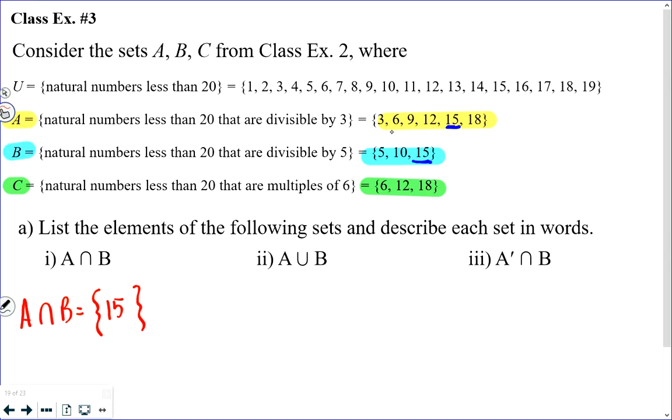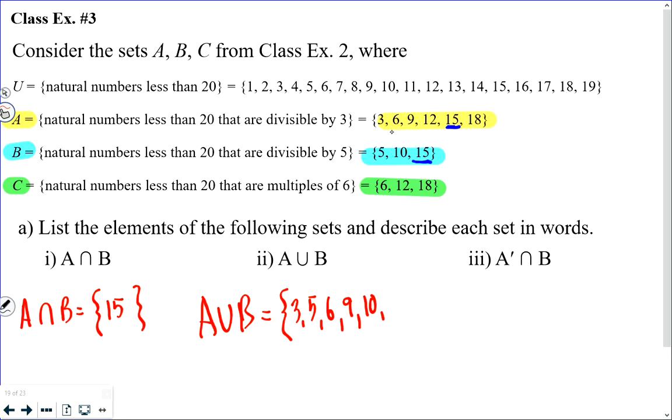All right, what about the union of A and B? Well, that's easy because the union of A and B means A or B, and that means it's anything in A or B. So essentially, it's everything. So we have a 3. I'm just going to put them in numerical order. We have a 3, we have a 5, we have a 6. There's no 7, there's no 8, there is a 9 and a 10.